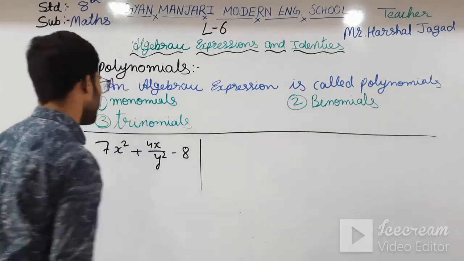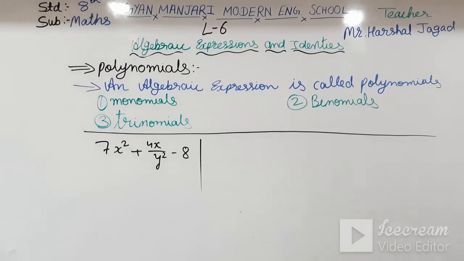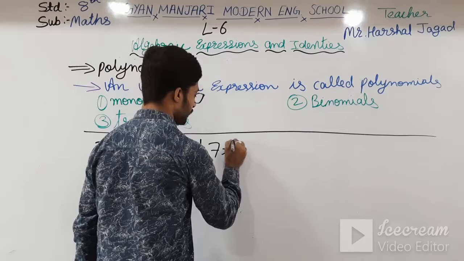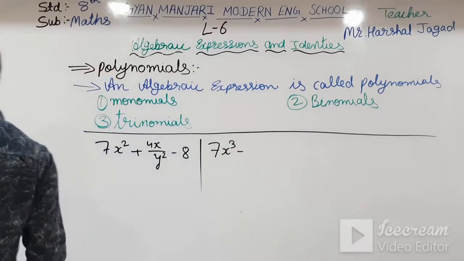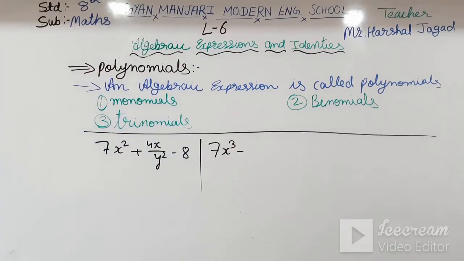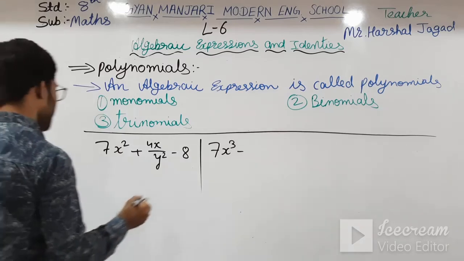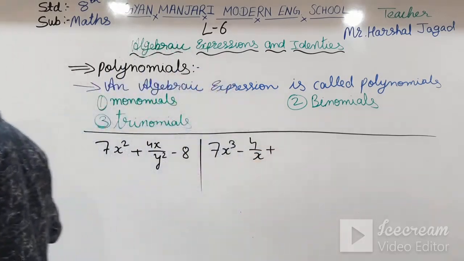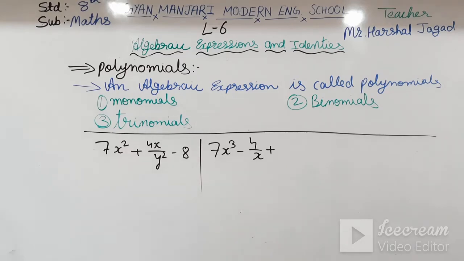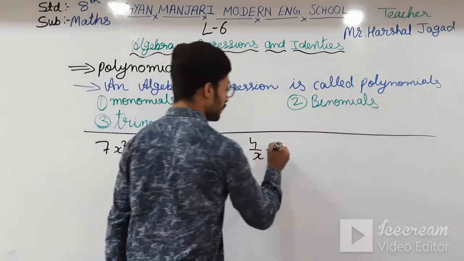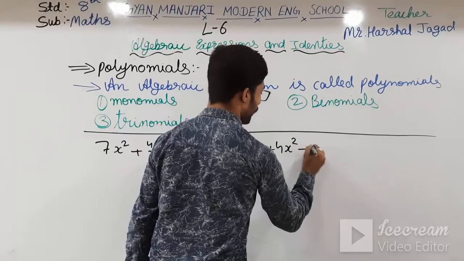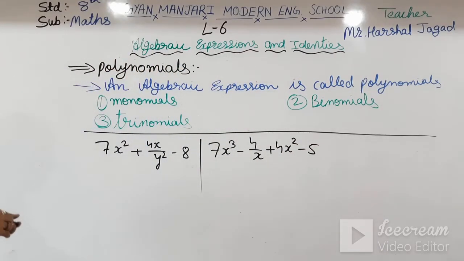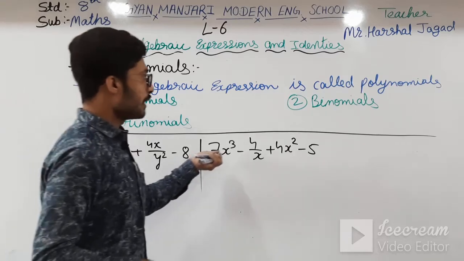Let us see another example, that is 7x cube minus 4 by x plus 4x square minus 5. Okay students, so this is a polynomial.